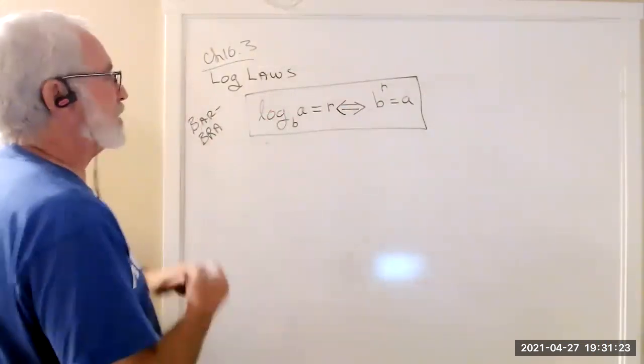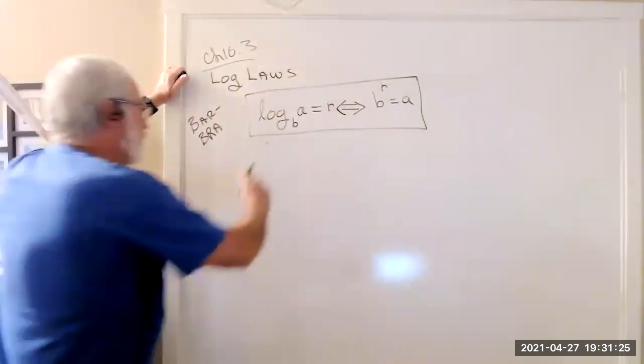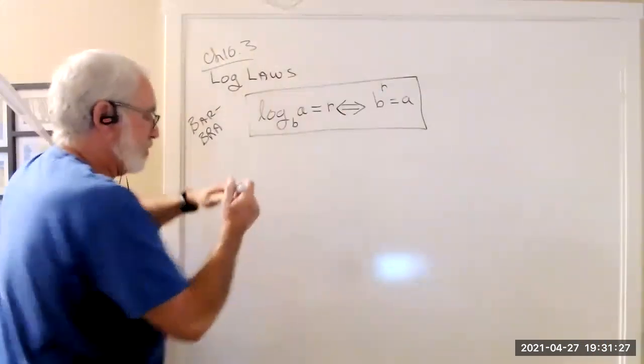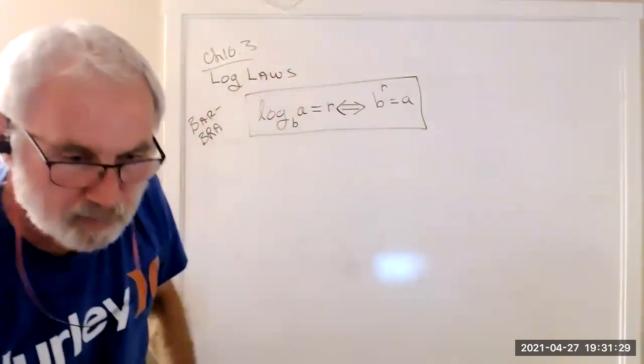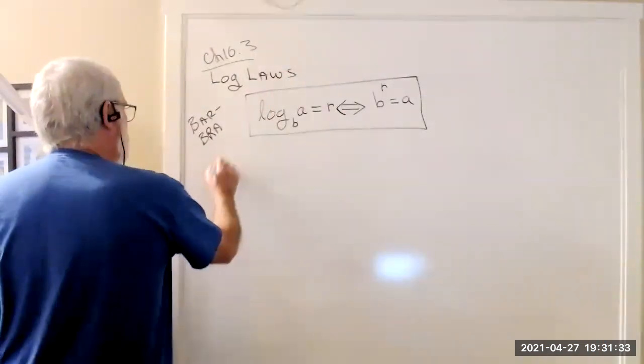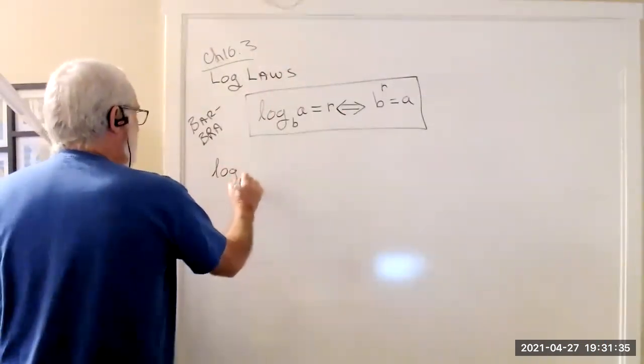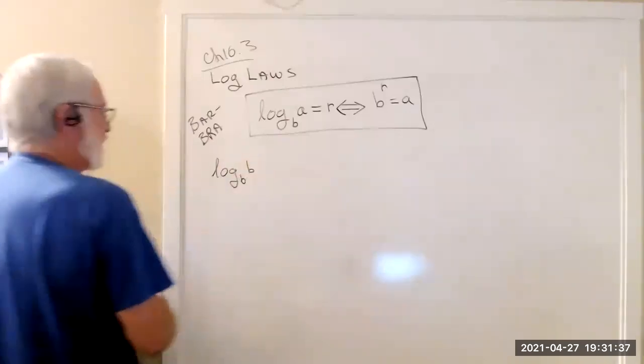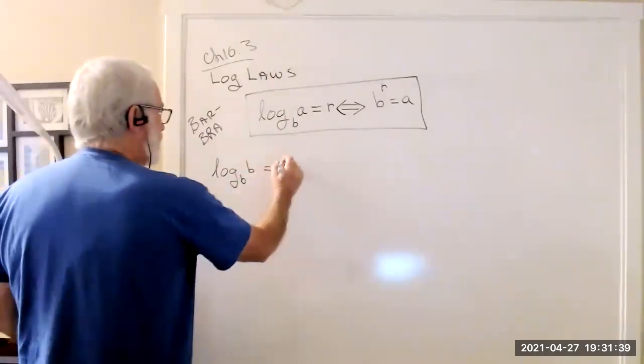Now, there's some other things that we talked about, and I'm going to have to erase these because we don't have room on this whiteboard. But we also talked about another log law. It was the log base b of b always equals 1.